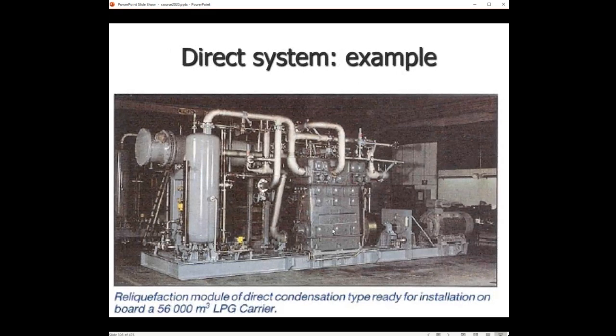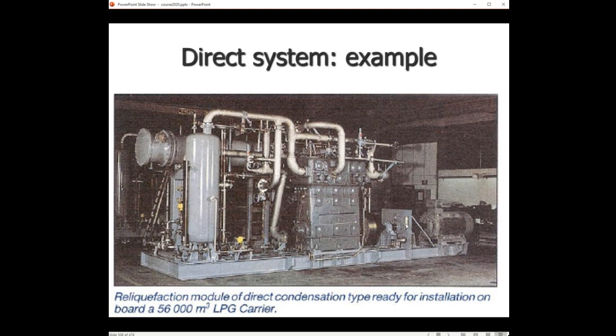Here you see the complete system with the compressors, 1, 2, 3 compressors, with here the condenser and here the intercooler. So horizontally is the condenser, vertically is the intercooler. The motor is here.